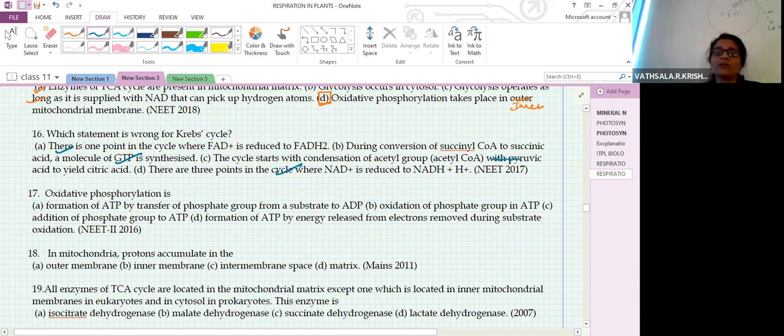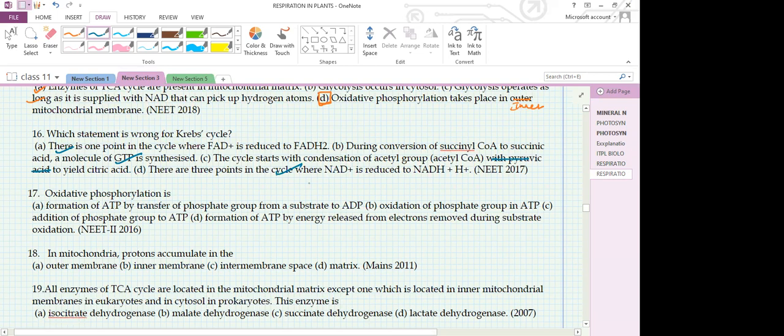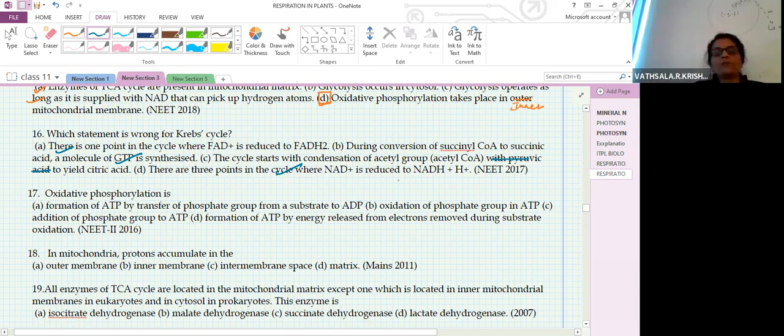That's the wrong thing here. It's not with pyruvic acid. To yield citric acid, condensation of the acetyl CoA takes place with what? Anybody? Oxaloacetic acid. Acetyl CoA combines with OAA to form citric acid. So the answer is oxaloacetic acid.